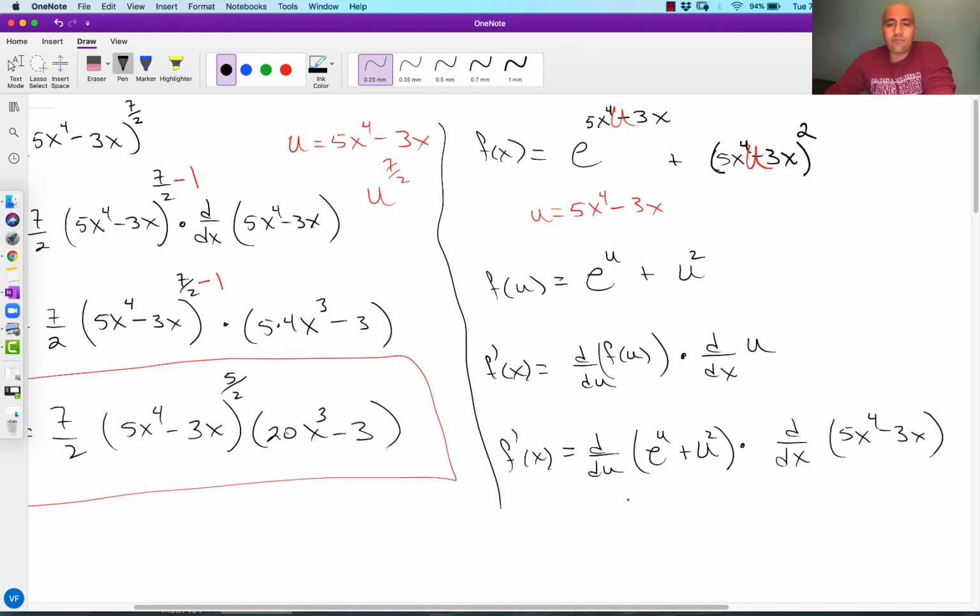Good. So now the derivative with respect to u of this one is going to be e to the u plus 2u, times the derivative of this one, which is going to be 20x to the third minus 3. That's f prime of x.